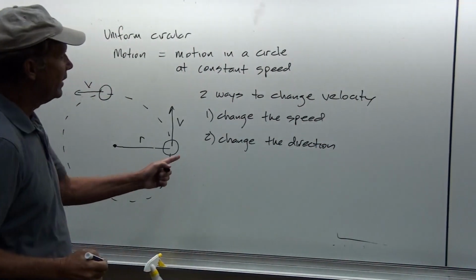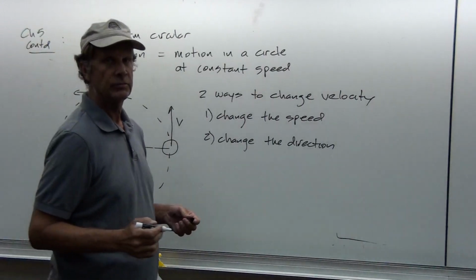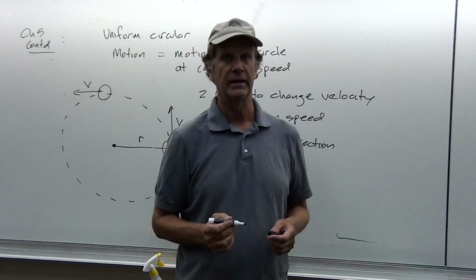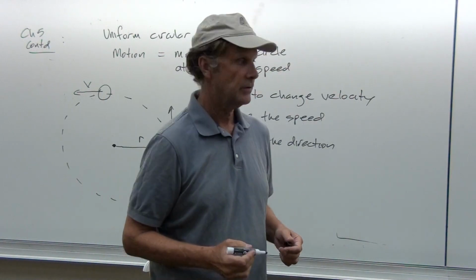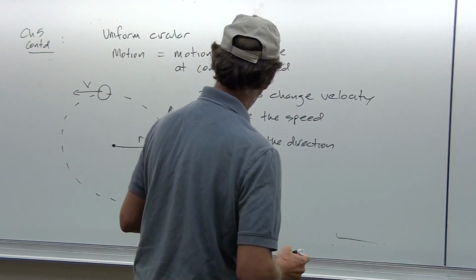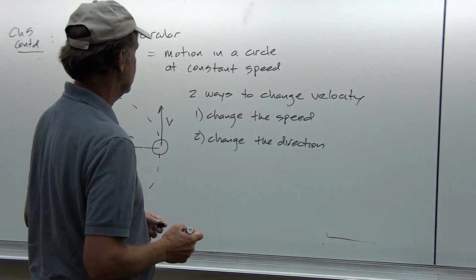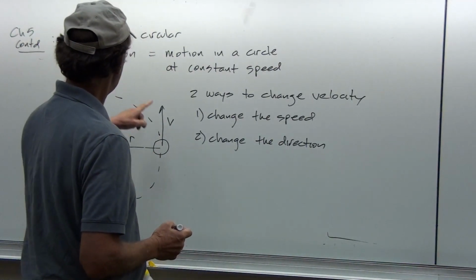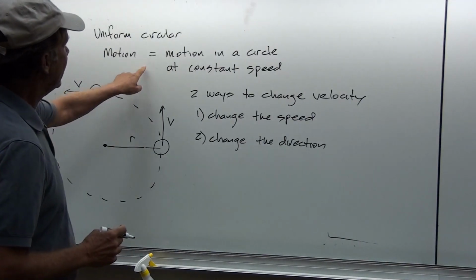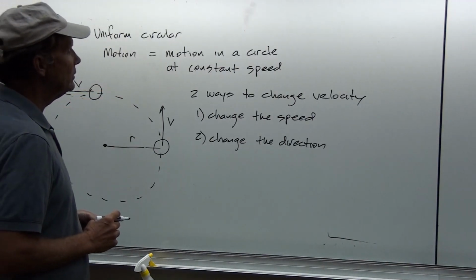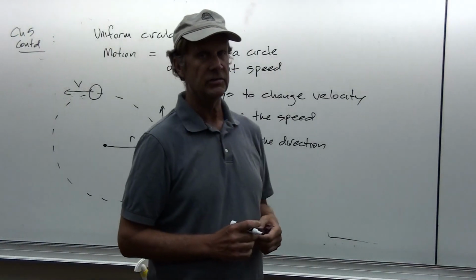Remember, Newton's first law tells us that an object will travel in a straight line at constant speed unless acted on by an external force. That straight line constant speed means constant velocity. So one way to accelerate is to change the direction, and when you do that, you don't necessarily have to change the speed.